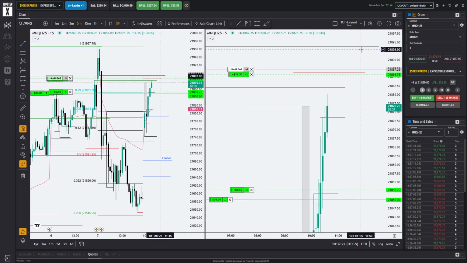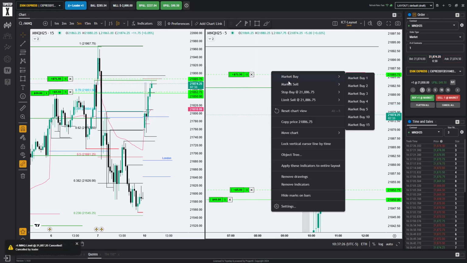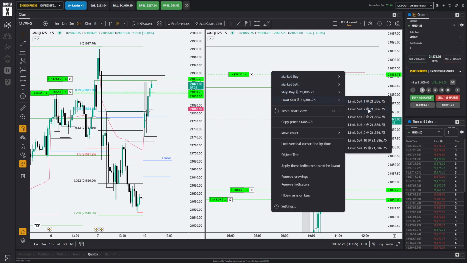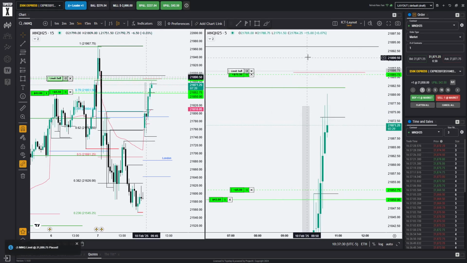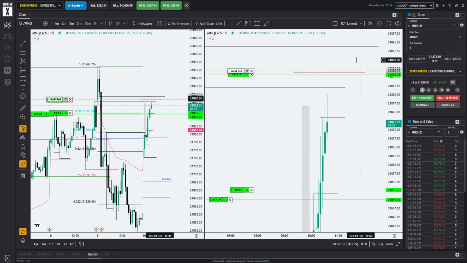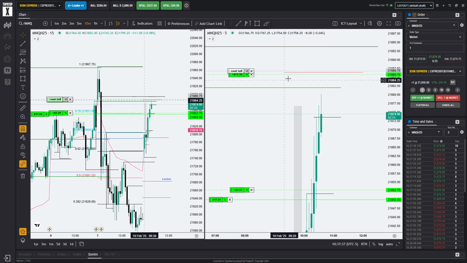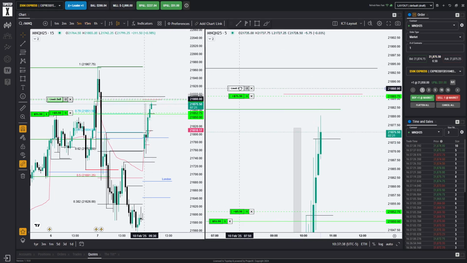Actually try it. We will do a little bit different. I'll go with 2 and see how the reaction will be here. So we do have that level.